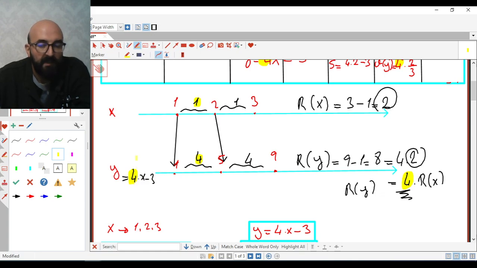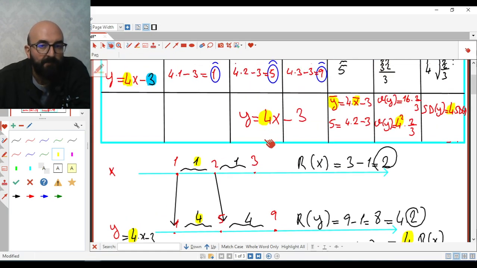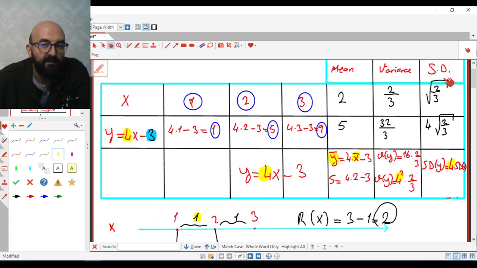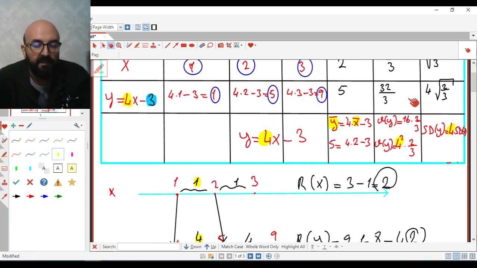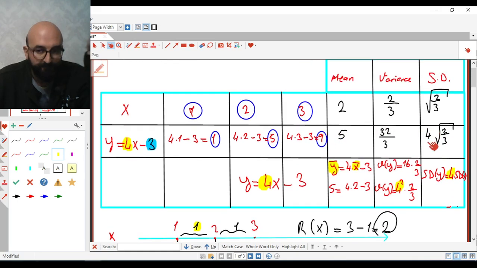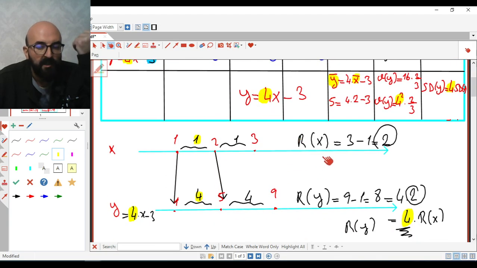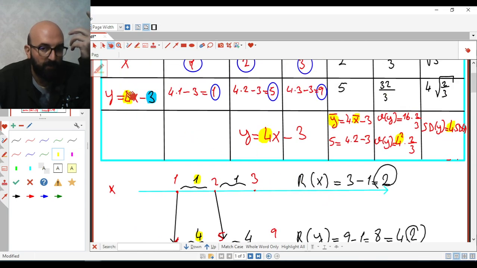Okay, and also please remember that standard deviation is affected by a factor, and range is also affected by a factor.